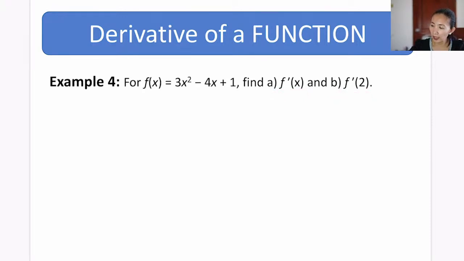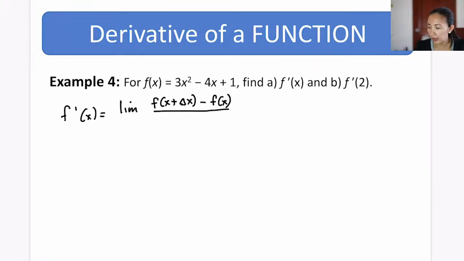By definition, f prime of x is equal to the limit of f of x plus delta x, minus f of x, all over delta x, as delta x approaches 0. I prefer using delta x na for consistency. How do we call this once again? This is now the derivative of the function.